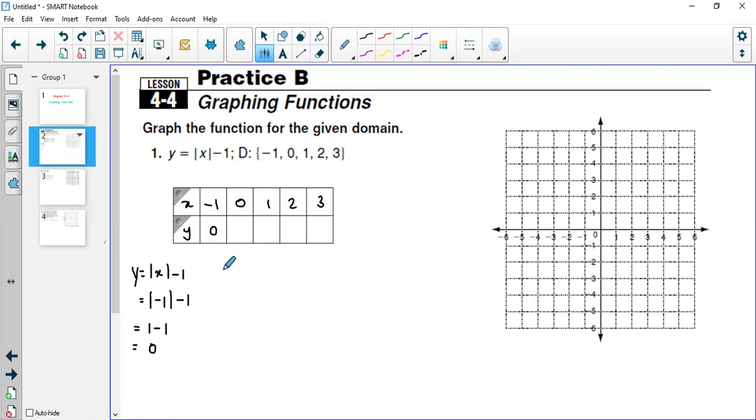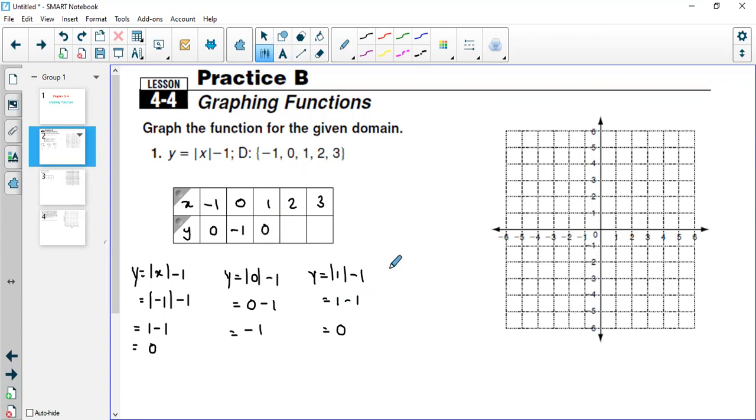So let's do x equals 0. That means y equals absolute value of 0 minus 1. The absolute value of 0 is 0, and 0 minus 1 is -1. So it's -1. Let's find out for 1: the absolute value of 1 minus 1. That literally means 1 minus 1, which gives you 0 again.